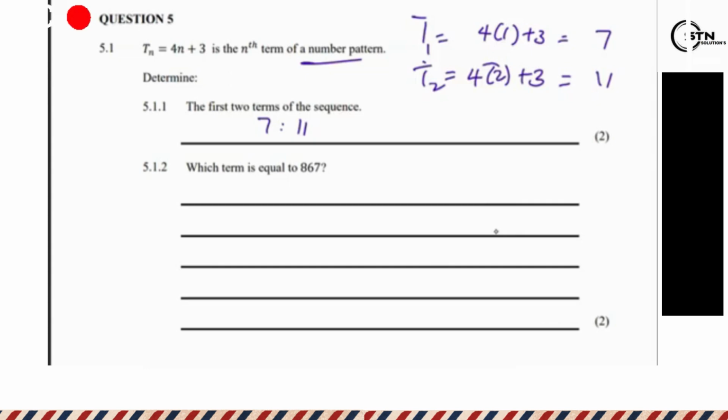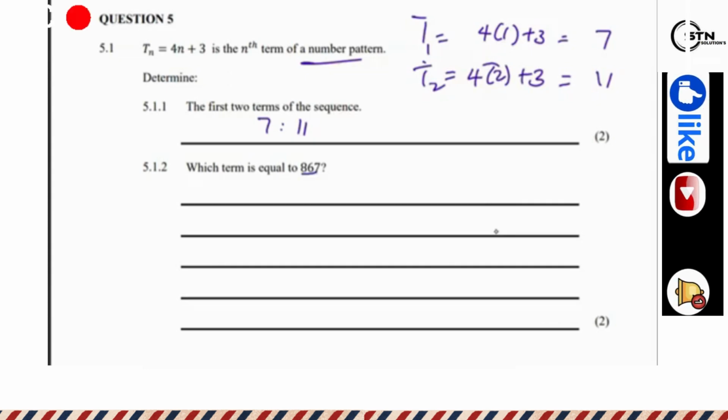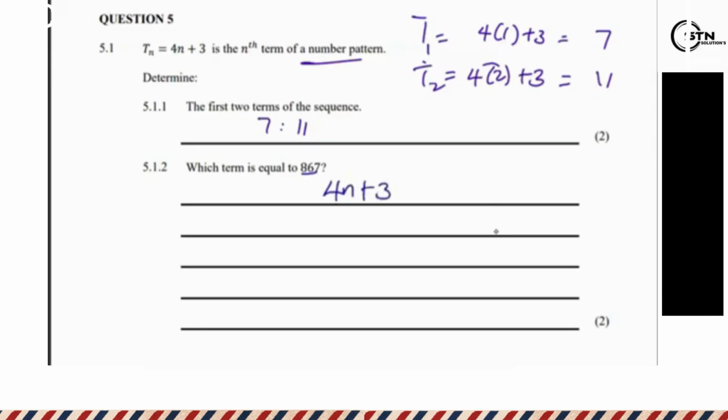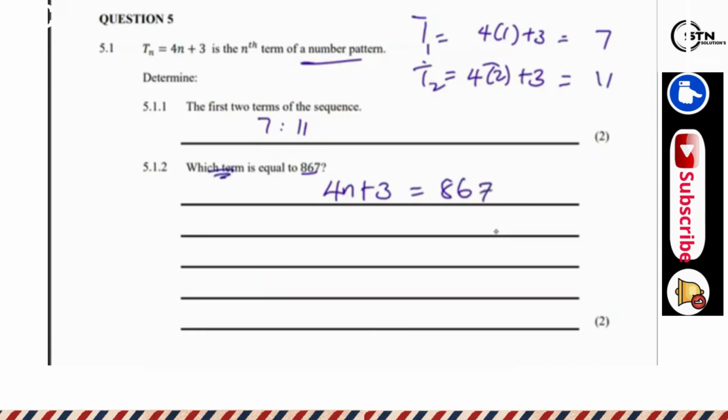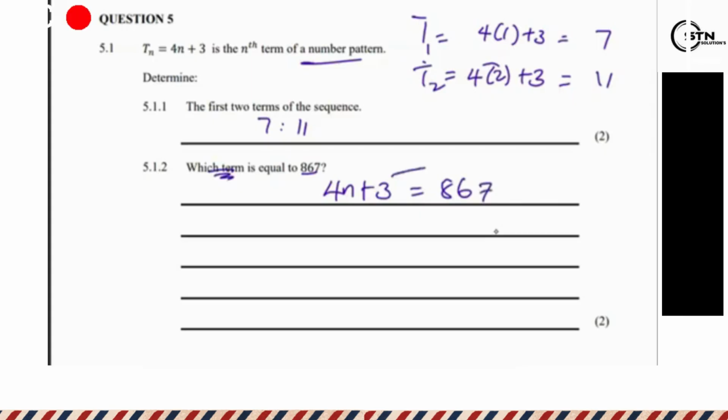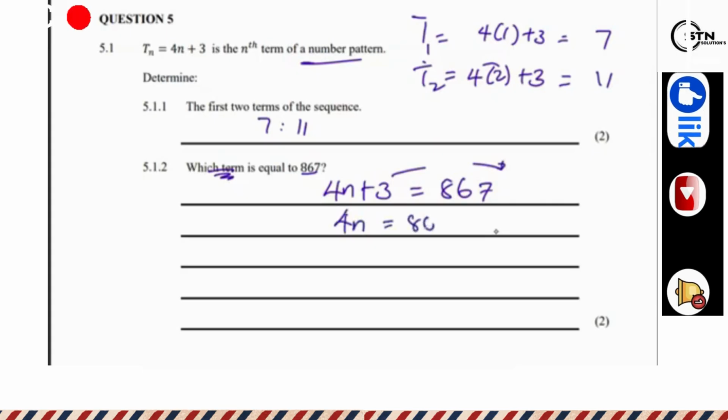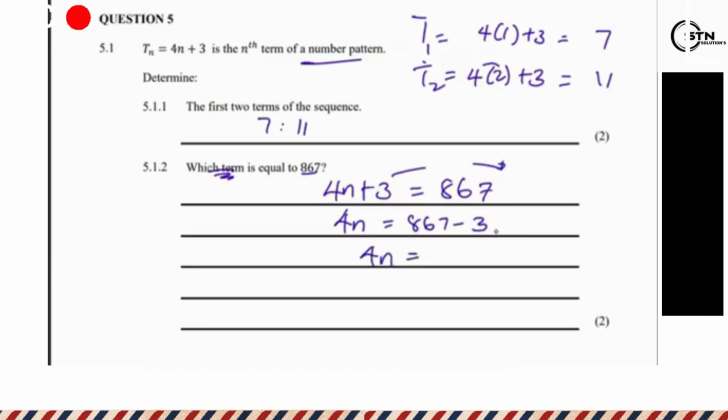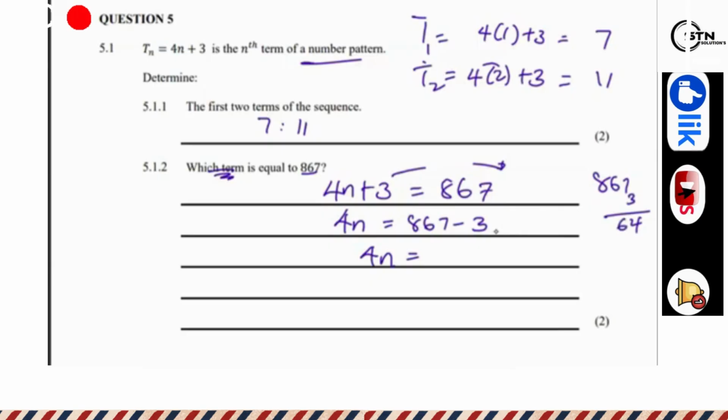And then which term is equal to 867? So let's use the nth term, which is 4n plus 3, equated to 867. Now they're asking for the position. Let's move the 3 to that side, meaning 4n is going to be 867 minus 3. So 4n is going to be 864.